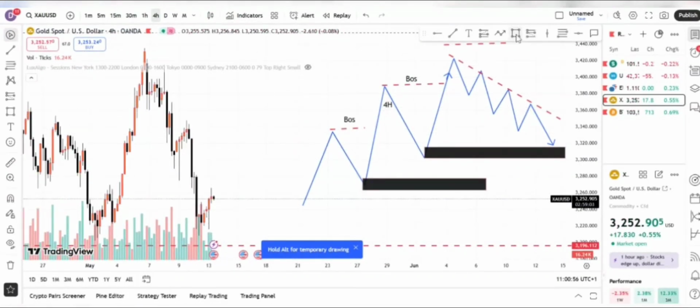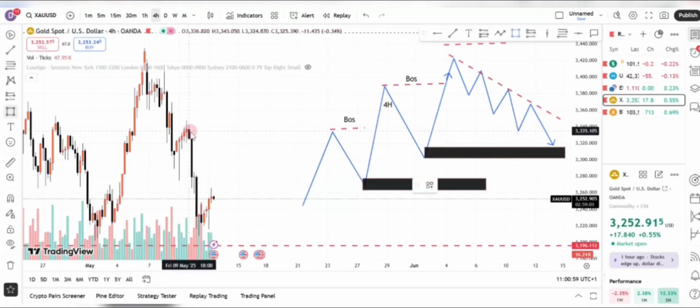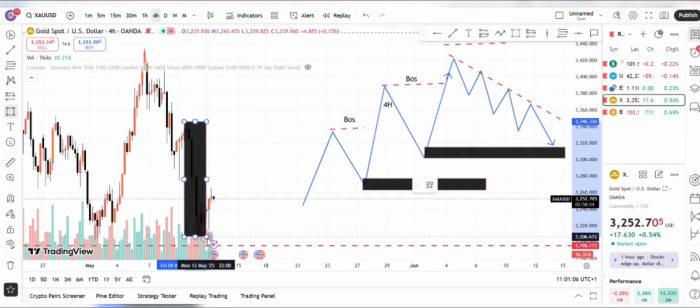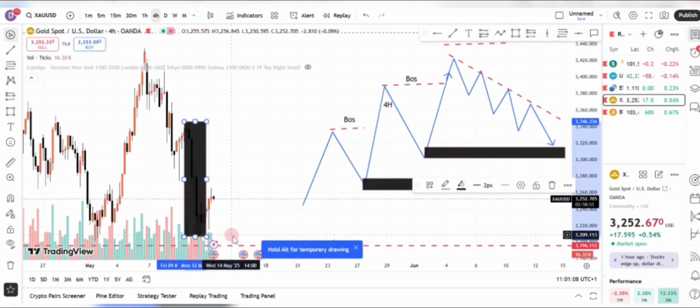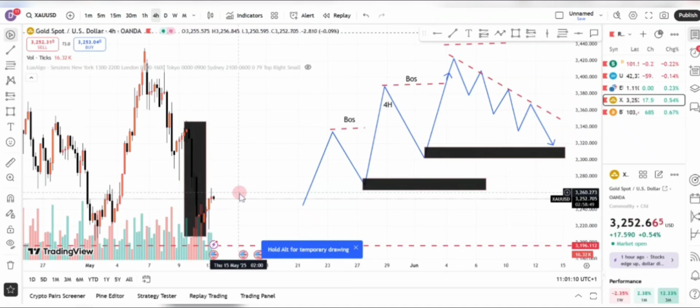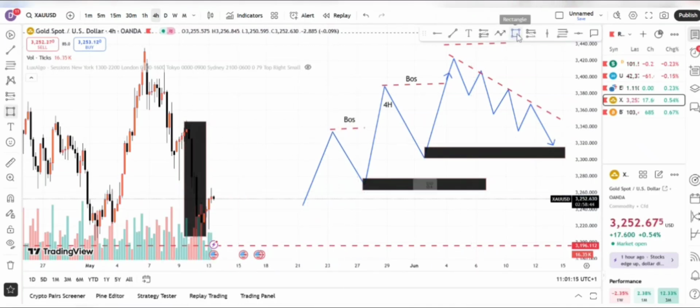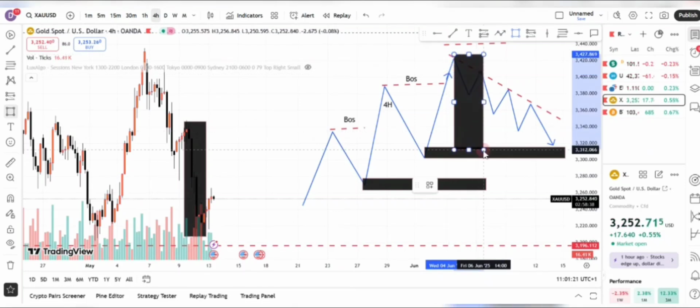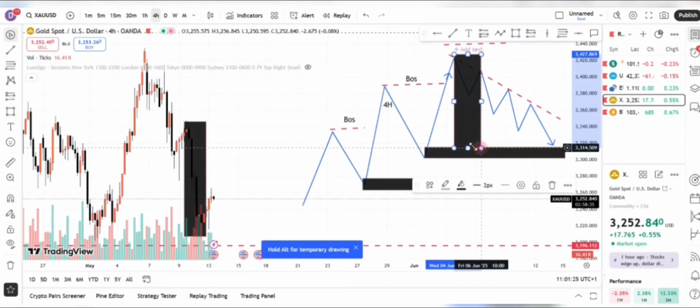I'll take this candle, the whole of this candle, right? Are you with me? Good. Makes sense. So let's assume this whole candle to be this whole candle.